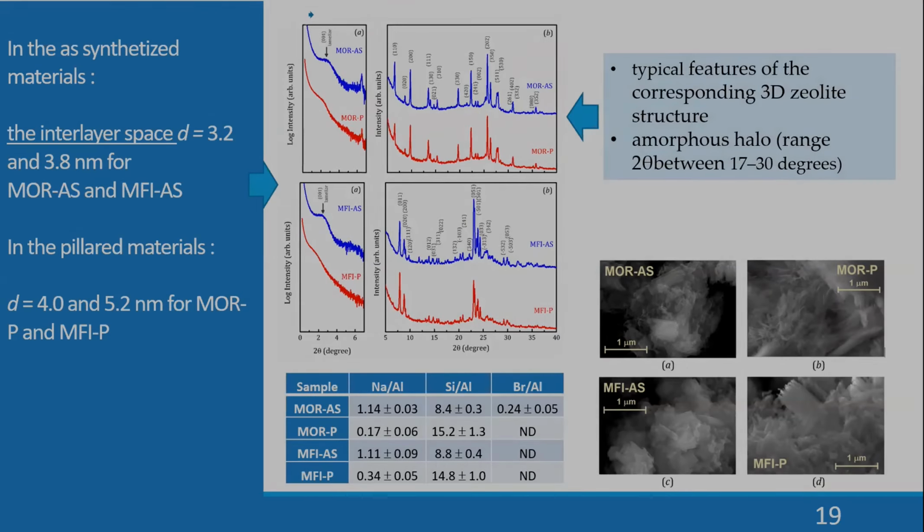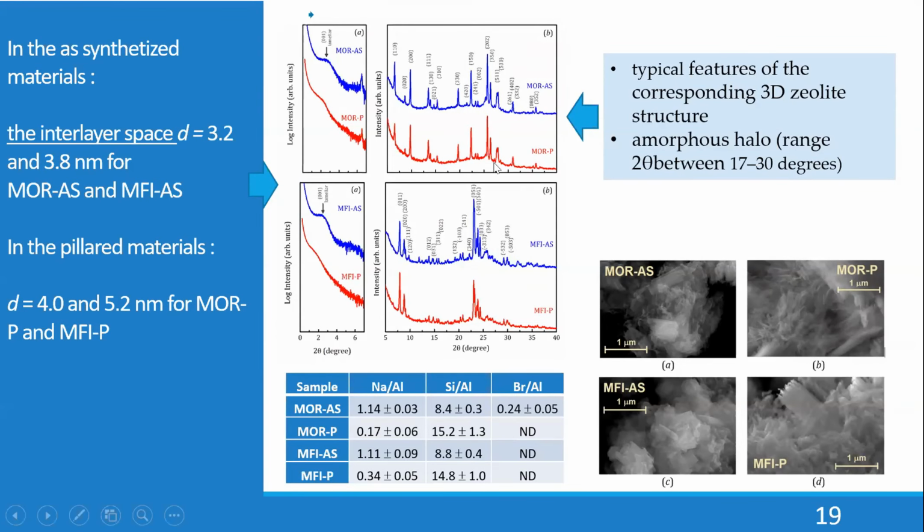This is rather typical for this kind of materials, and what is important for us is that we really have the mordenite structure, the targeted one, or the ZSM-5 that is called MFI structure.